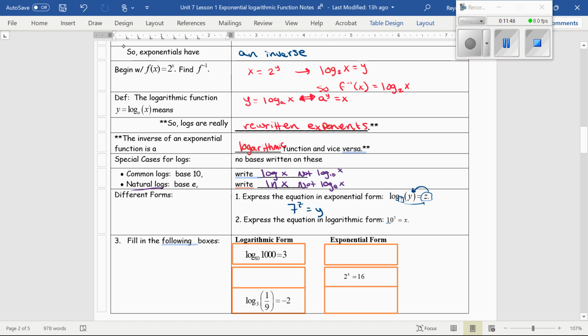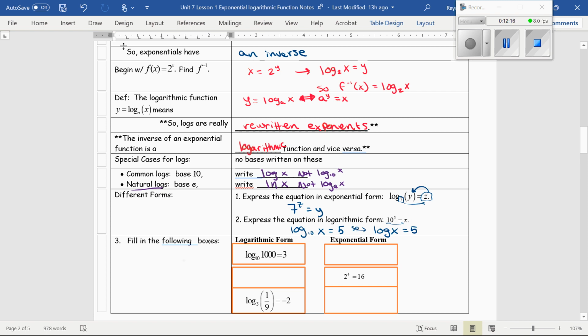Whatever the base of the exponent is, that's the base of the log. We're taking the log of whatever's on the other side of the equal sign, and then it's equal to your power. Now this is going to be rewritten as just log of x equals 5, because we don't put a base 10 on our log, and so that would be your final simplified form.